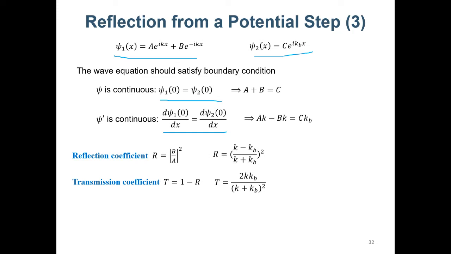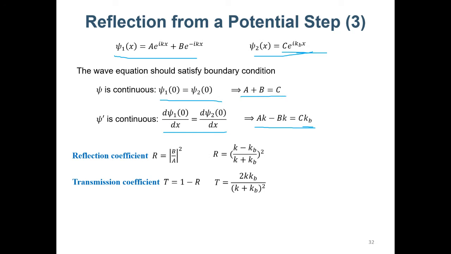So we will have ik times A for the first term, minus ik times B for this term, and actually all the i's are cancelled. For this one, it is C i kb, so the i's all cancel, and here we have kb, and this one substitutes 0, so the exponential term disappears. So we have another equation for the boundary condition.